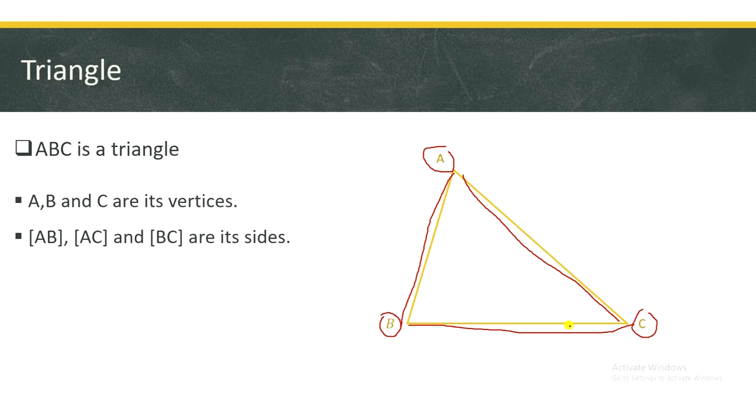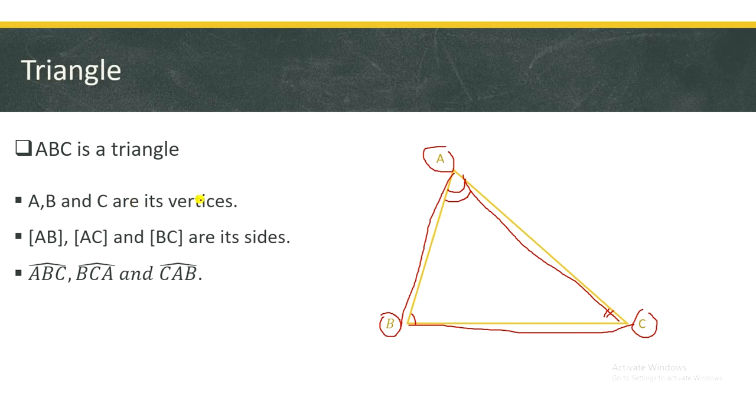Also in a triangle we have three angles: the angle ABC, the angle BCA, and the angle CAB. So in a triangle we have three vertices, three sides, and three angles.